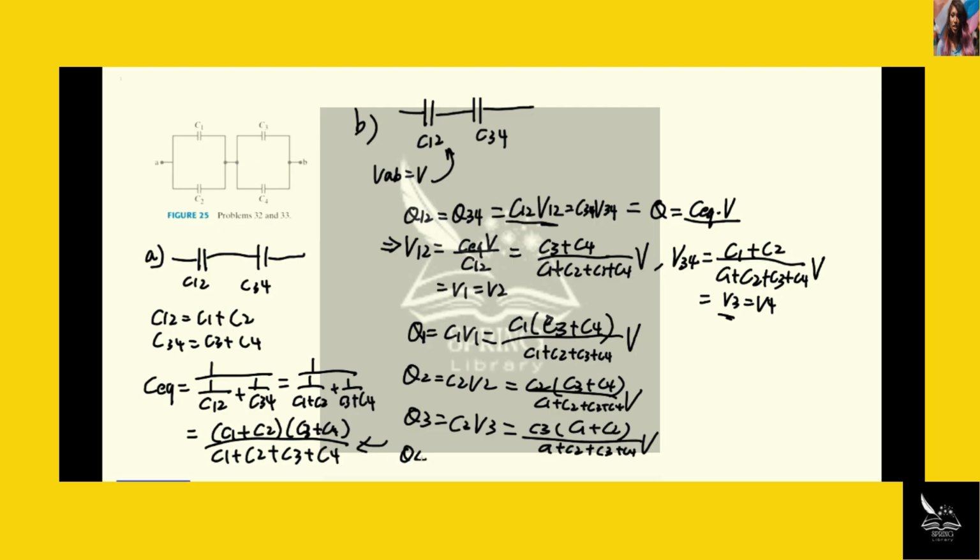And finally, Q4 equals C4 V4, which is C1 plus C2 over the sum of all the capacitances times V. Okay, so that is the charge on each of these capacitors.